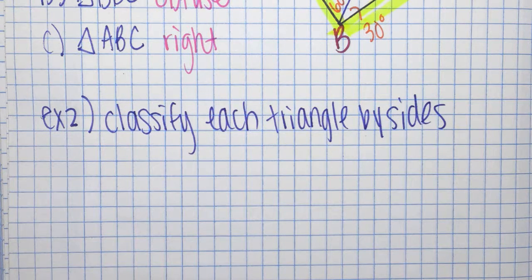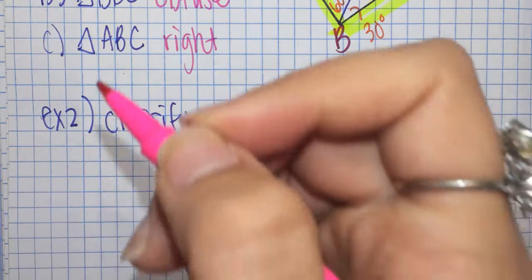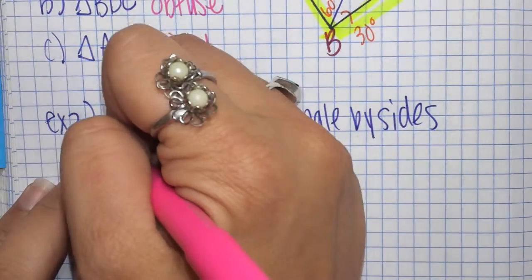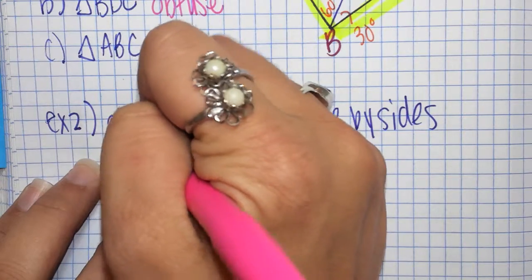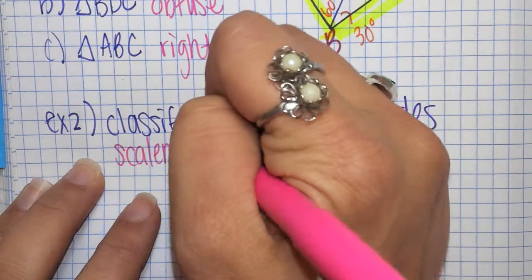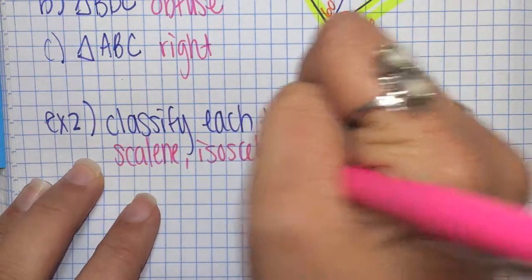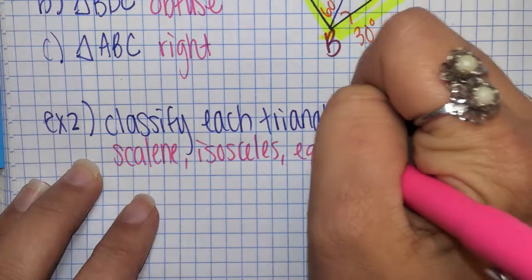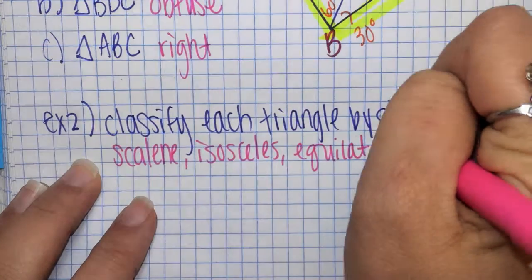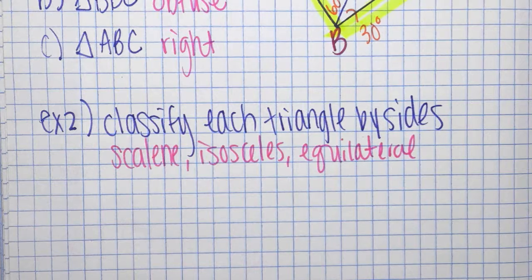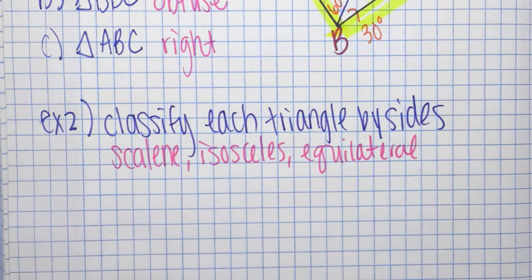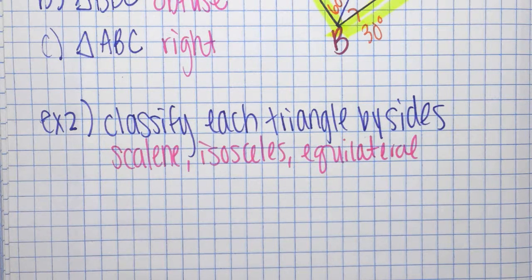Scalene, isosceles, equilateral. And what does it mean if they are scalene? No sides are equal. What does it mean if they are isosceles? At least two sides are equal. And what does it mean if they are equilateral?